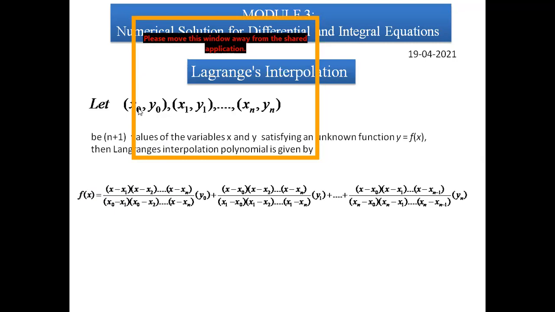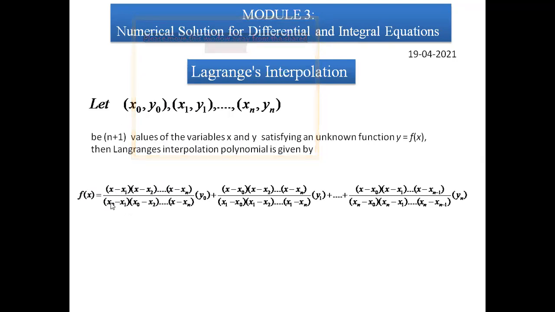That means other than x0, you start with x minus x1, x minus x2, etc., x minus xn, divided by the same factors in the denominator with x0: x0 minus x1, x0 minus x2, etc., x0 minus xn, into y0.